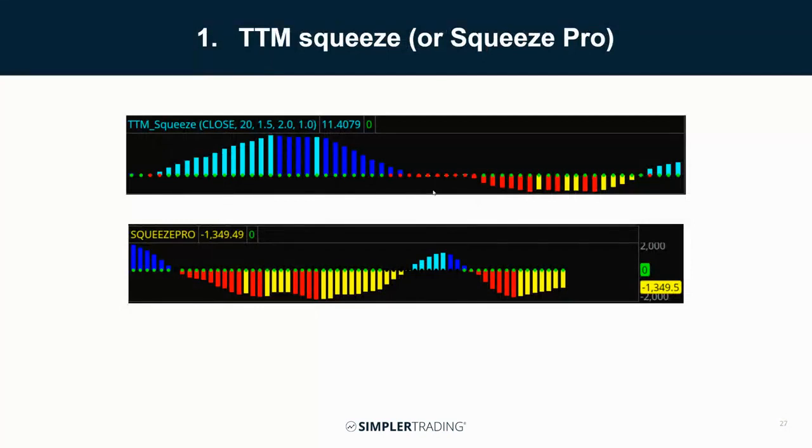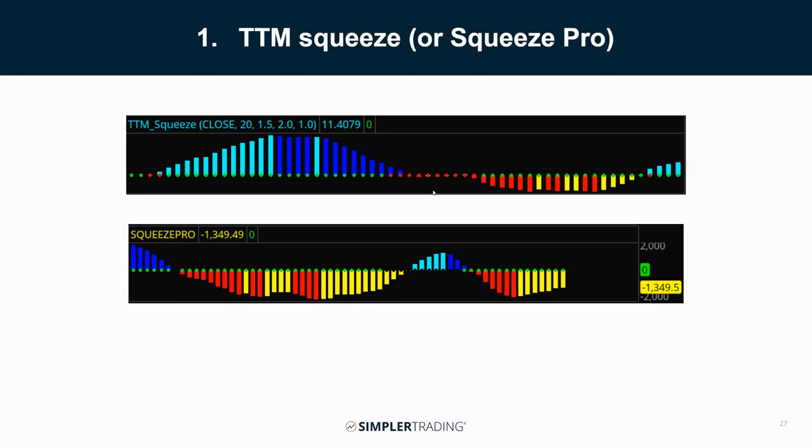So, for starters, y'all, the squeeze. Let me know in the chat, how many of you are using the Squeeze Pro versus the original squeeze? Show of hands here. Yeah, most people using the Pro nowadays. All right, so here's the good news, because I use the Pro as well.